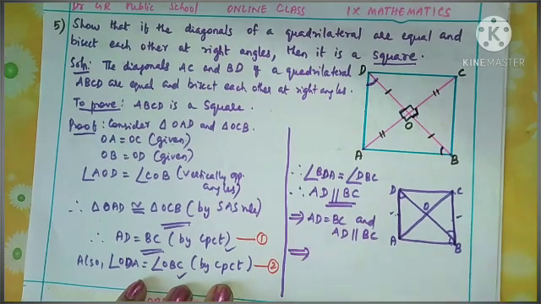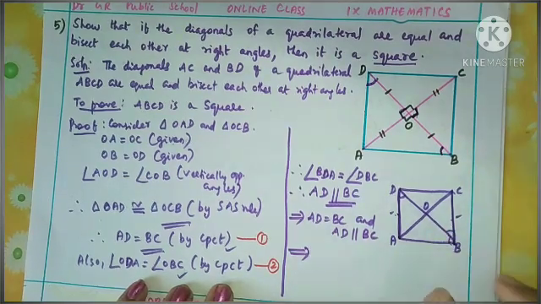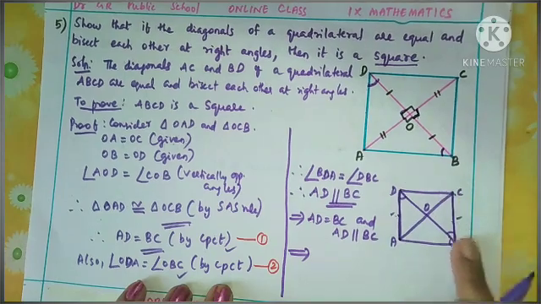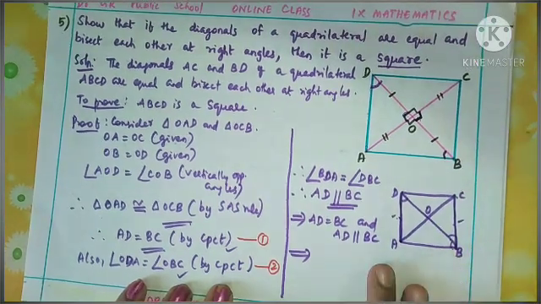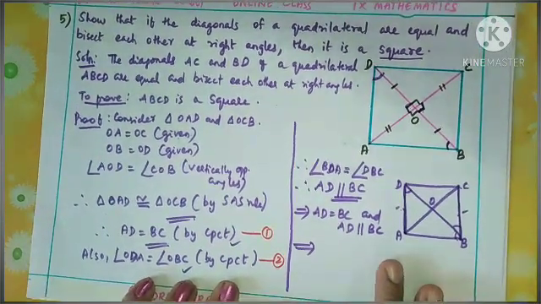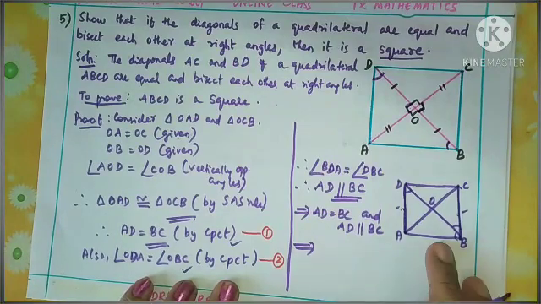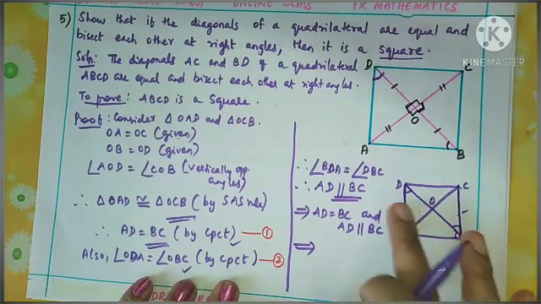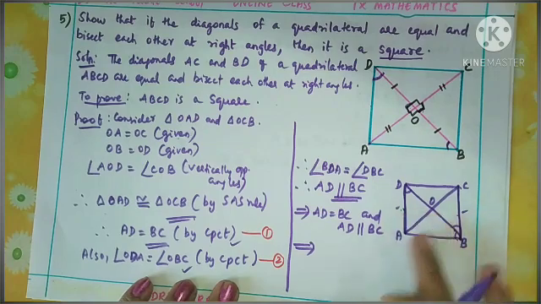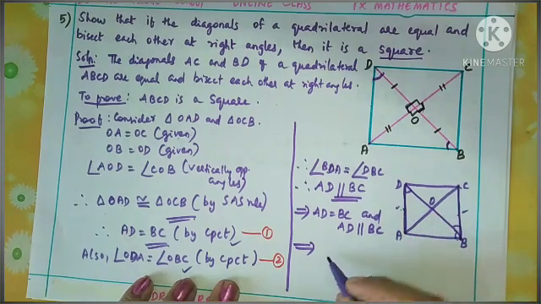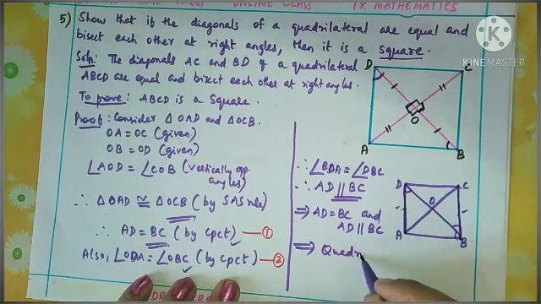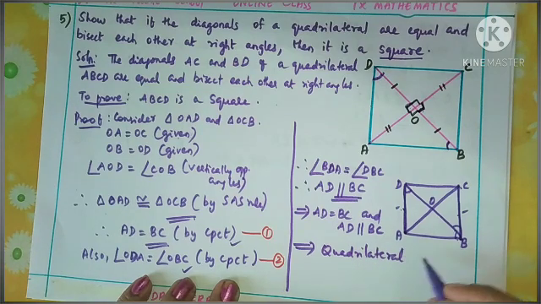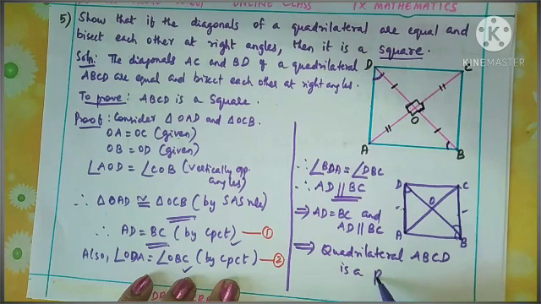That implies, what can we say about this? Actually we want to prove this quadrilateral is a square, but we didn't reach that. Instead we can say this is a parallelogram, because opposite sides are equal and parallel. So the given quadrilateral ABCD is a parallelogram.